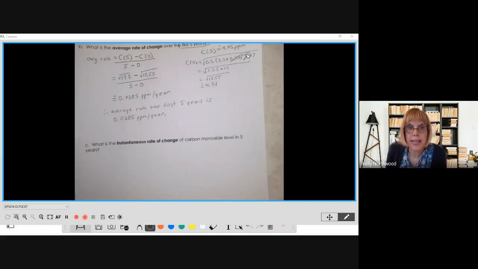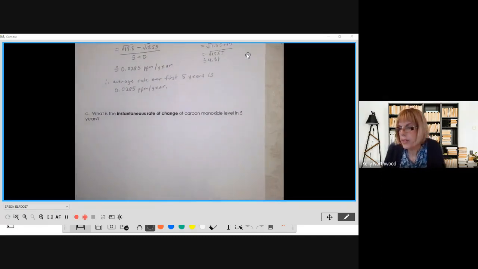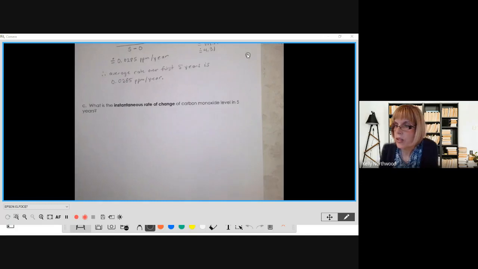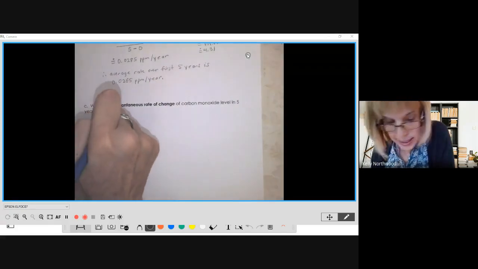And now we want the instantaneous rate of change of carbon monoxide level in 5 years. So what will the instantaneous rate of change be? We know that's going to involve finding the derivative. I'm starting off with the function we're given, C at t.